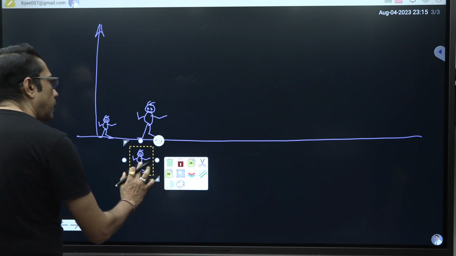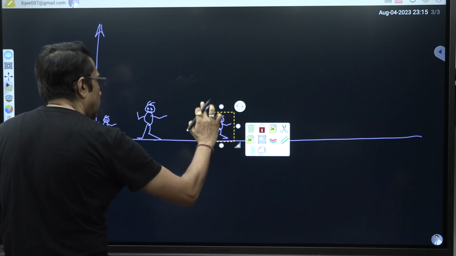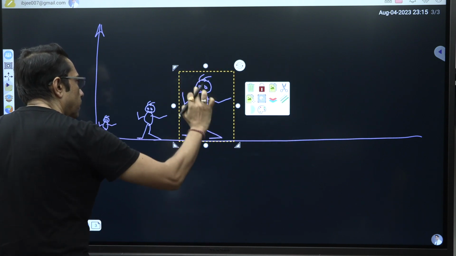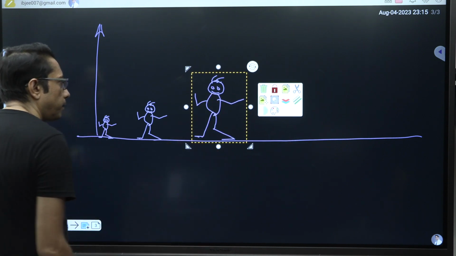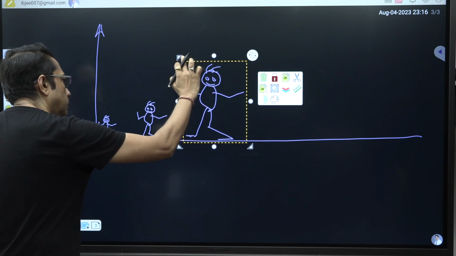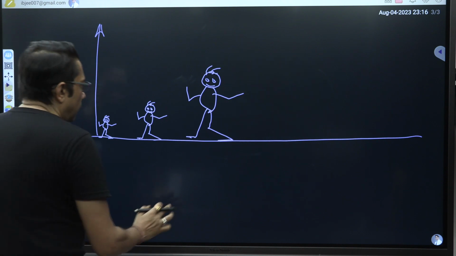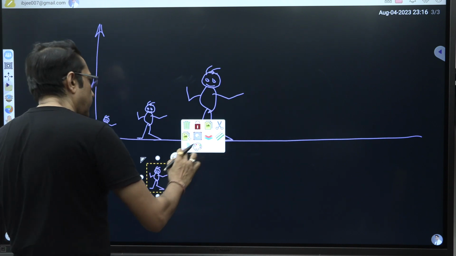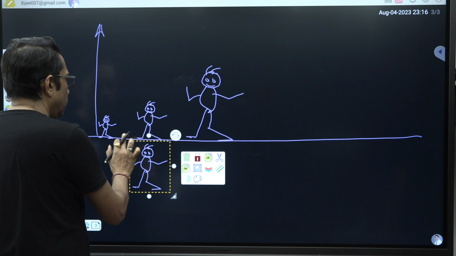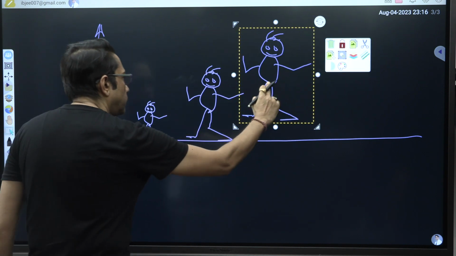After more time, Shah Rukh Khan grew even taller and much taller. And after that, he grew to this size, the matured Shah Rukh Khan.